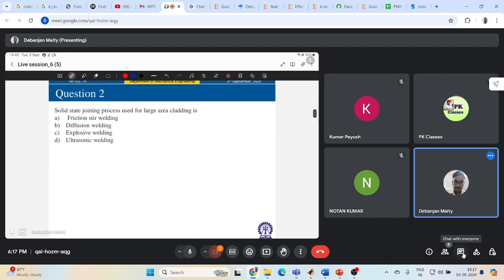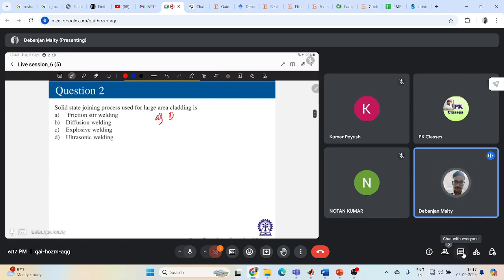So one is dissimilar metal. Dissimilar metal in the sense there will be a wide variety of thermophysical properties, right? It will have different elastic modulus, different plastic property, different thermal conductivity, specific heat. Every property will be different.